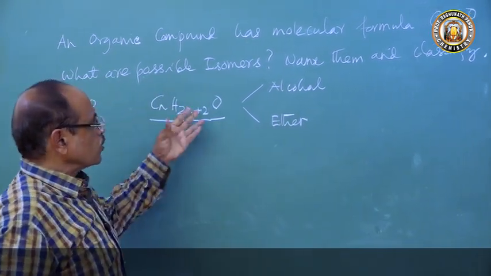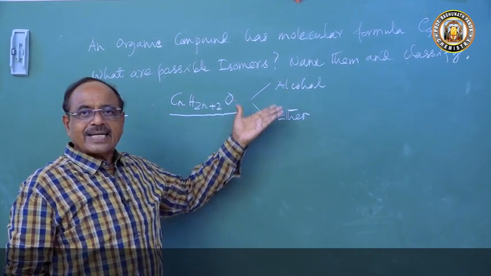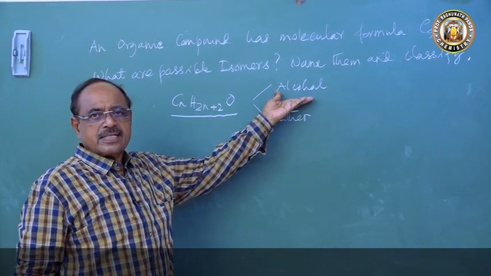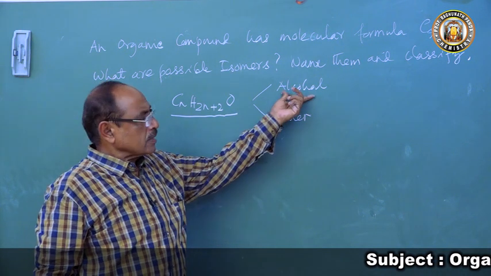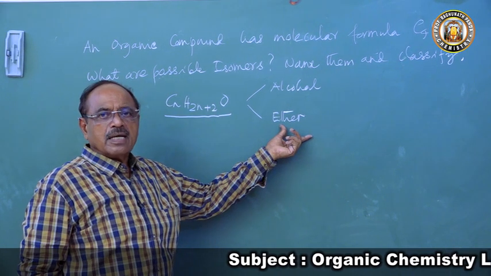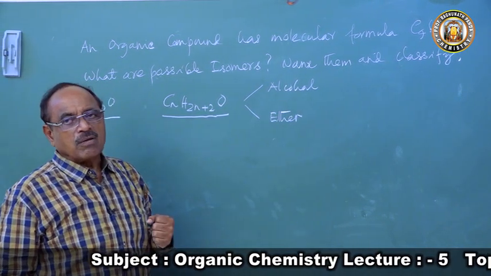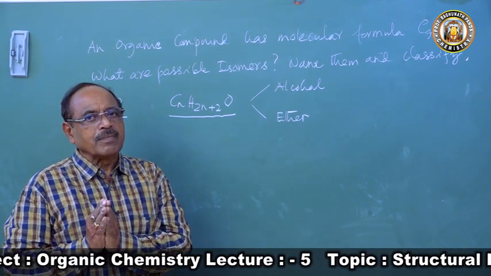The formula CnH2n+2O can be for an alcohol or for an ether. So for alcohol we will write structures, for ether we will write structures. All the structures of alcohol will be functional isomers of ether, or all the structures of ether are functional isomers of alcohols.